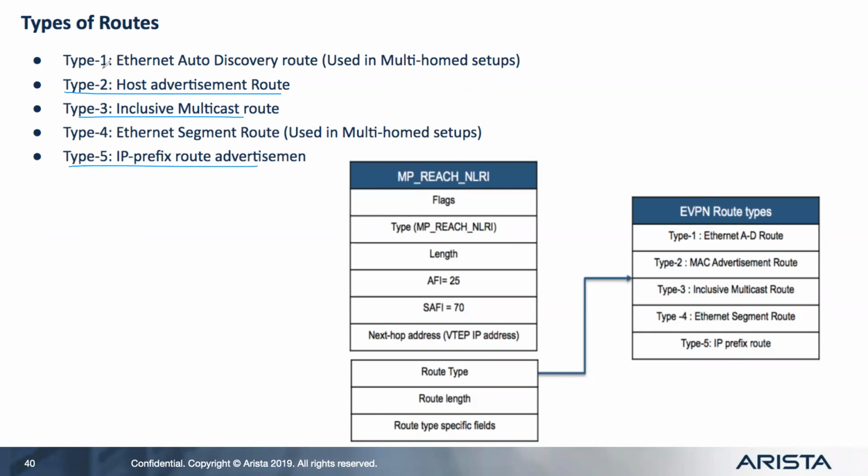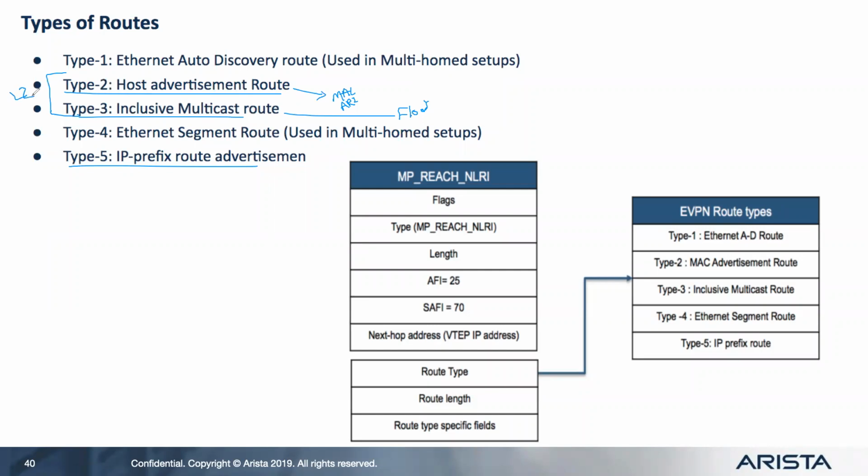Type 2 is nothing but to advertise MAC and ARP information for L2 EVPN. So in L2 EVPN, we want to advertise MAC and ARP information, and for that we will use the type 2 route format. Type 3, the inclusive multicast route, is for populating the flood list. This is also for L2 EVPN, so type 2 and type 3 are used for L2 EVPN.